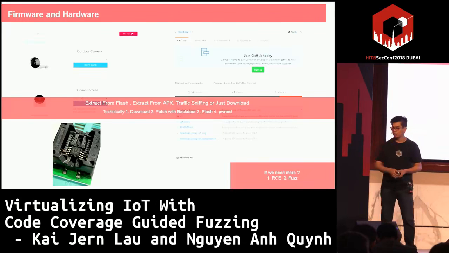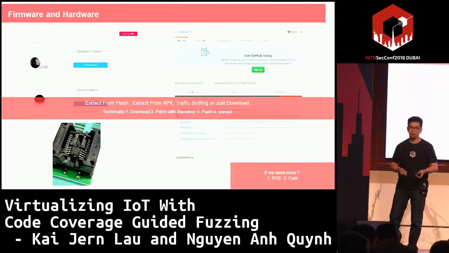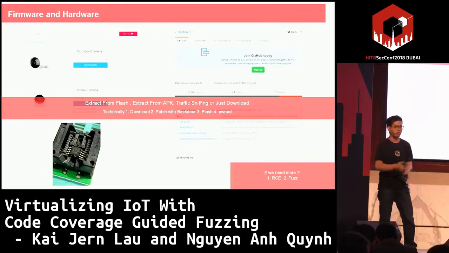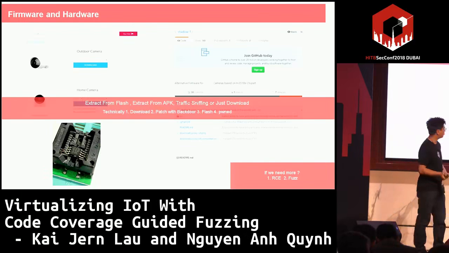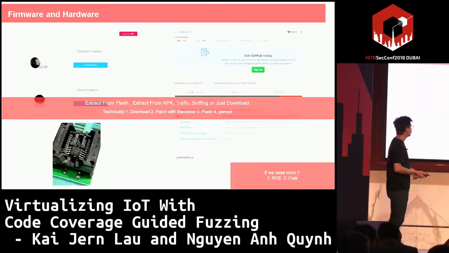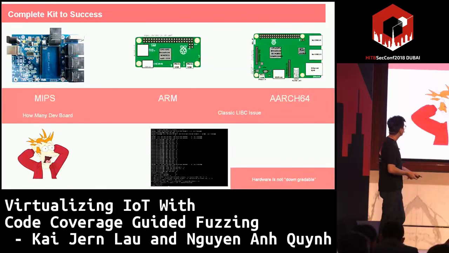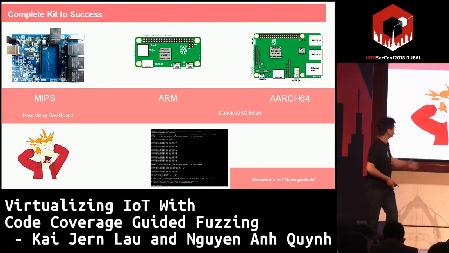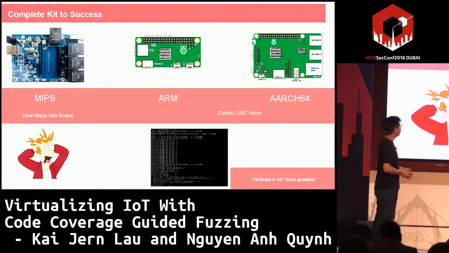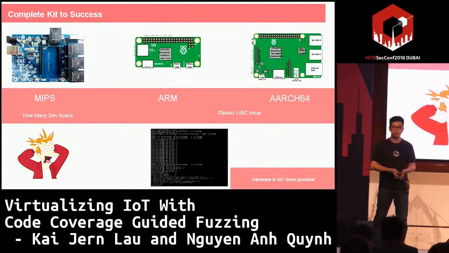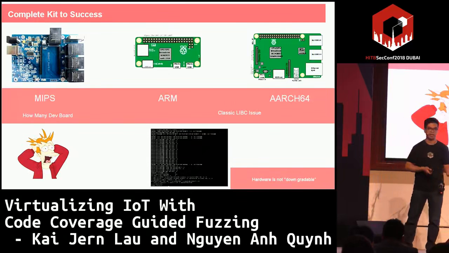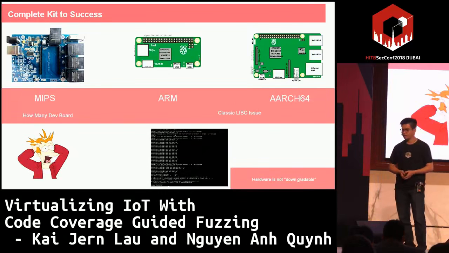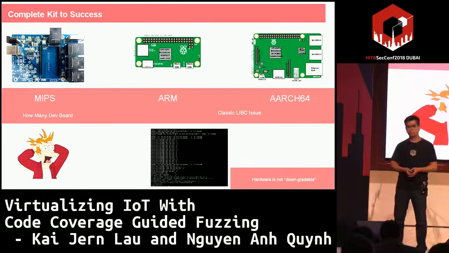Originally, we tried to download the firmware, patch it, and put in our fuzzer, and we would be good. But we noticed there are all different sorts of things we need to worry about. We have MIPS, and if we need to run things in MIPS, we have a lot of issues with the different requirements inside MIPS. And we have ARM, which is good enough.